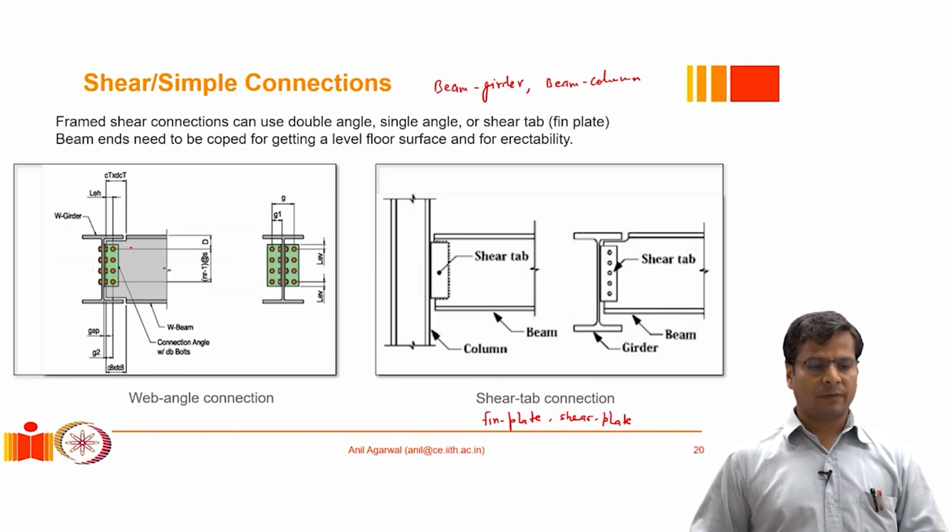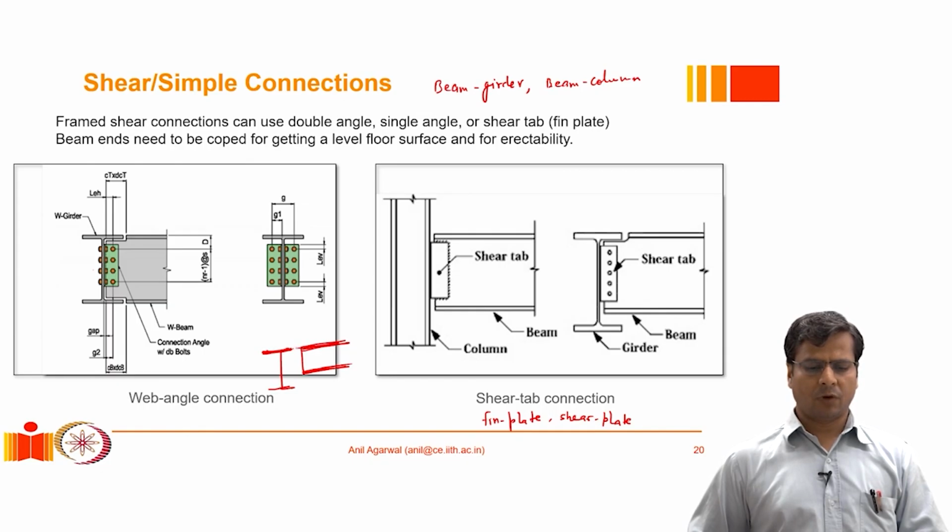It will be difficult if we wanted to connect this girder to another beam, which is, let's say, this tall, and its flanges at the same level as the flange of the girder.